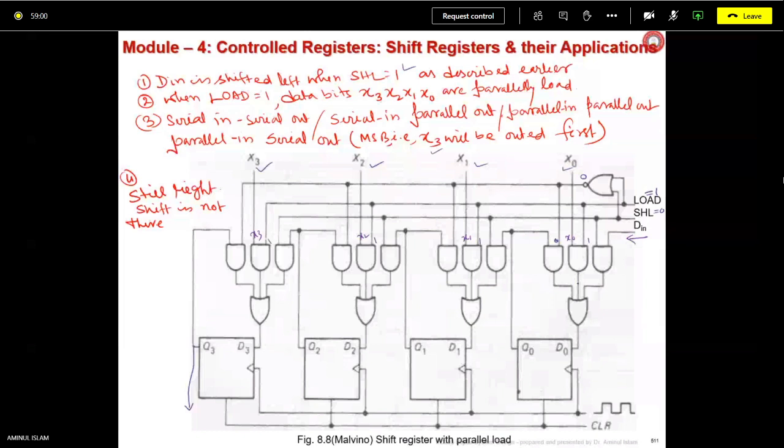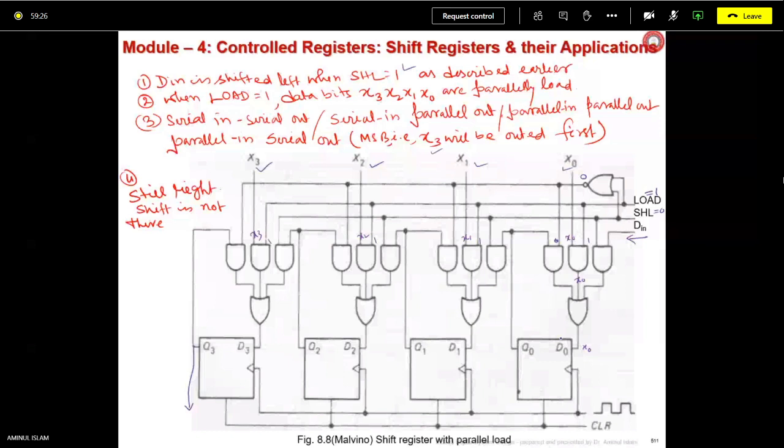If x is 0, this is 0; if x is 1, then this is also 1. So x0 is arriving here. Yes or no? Yes, sir. x0 is able to arrive here because load is 1. So that x0 is available here also. Same will be the case for x1, x2, x3.